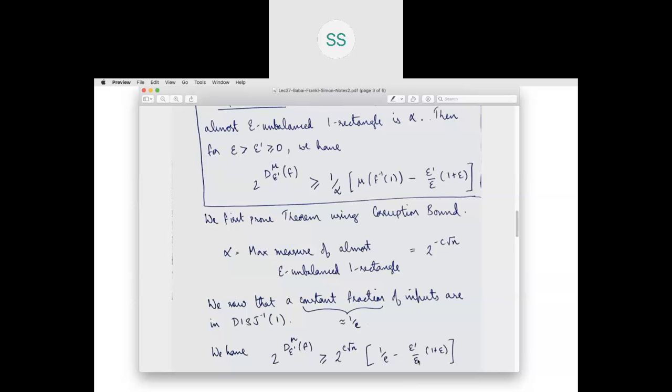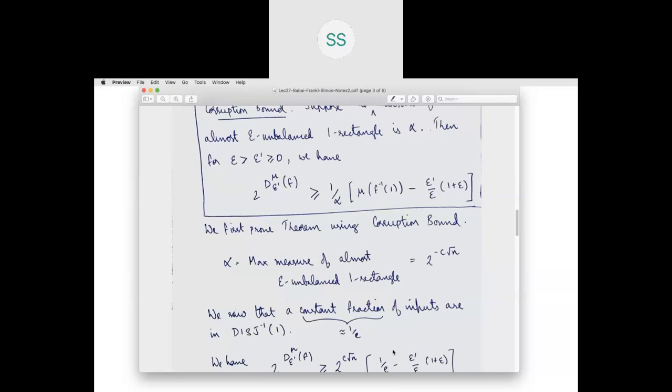So this thing is something like 1 by 100, and 1 plus epsilon is almost 1 because epsilon itself is small. So this entire thing can be made significantly smaller than 1 by e, some constant like 0.2 or 0.1.